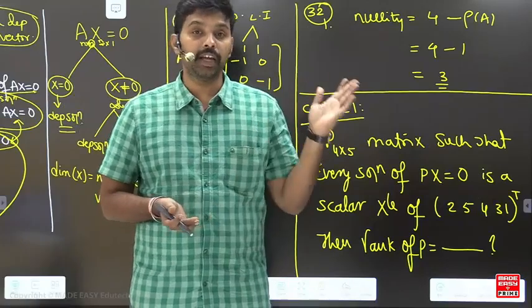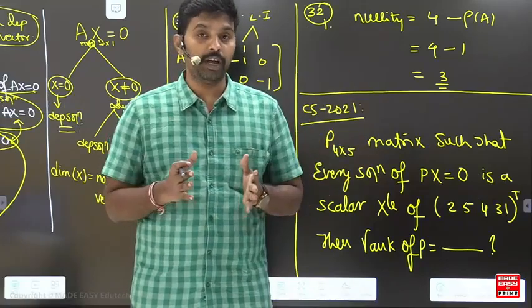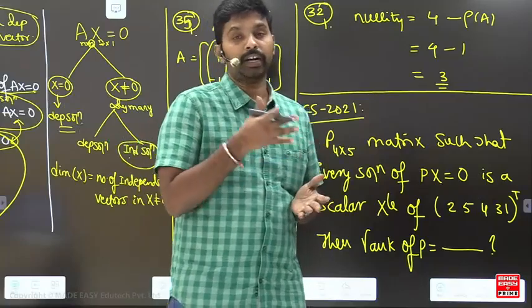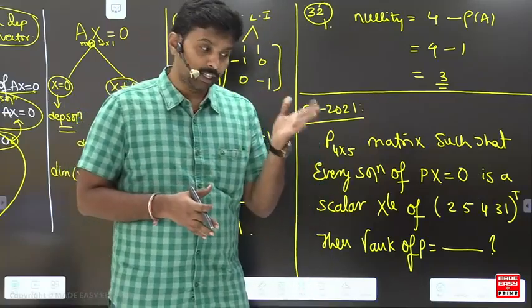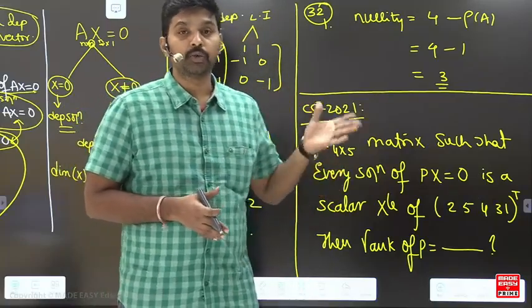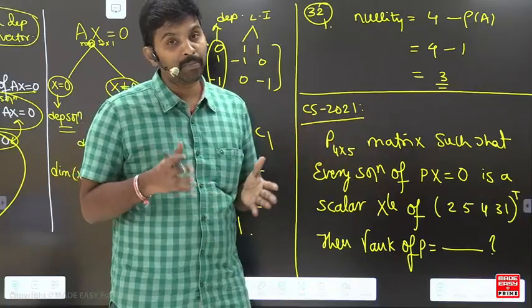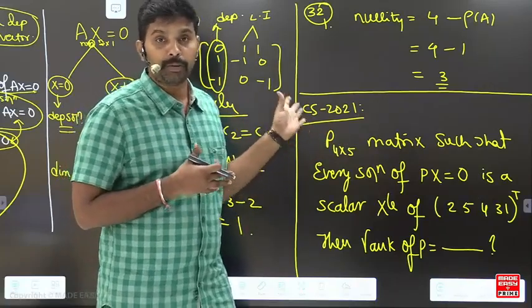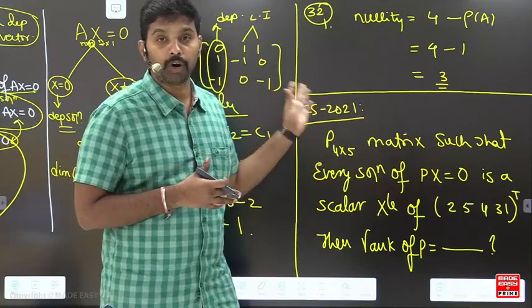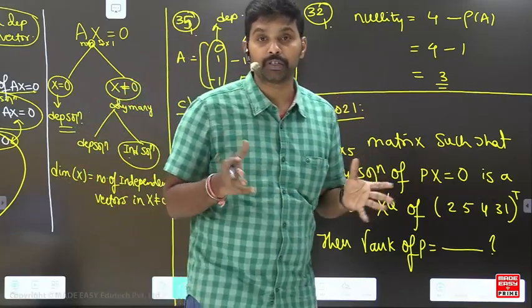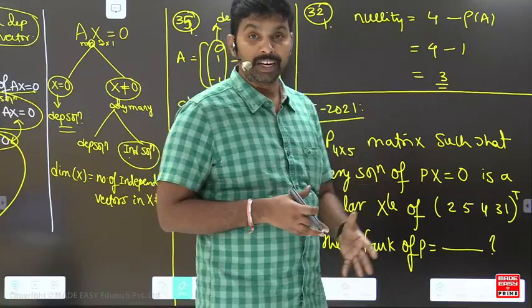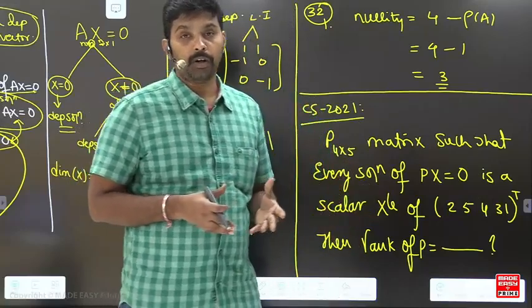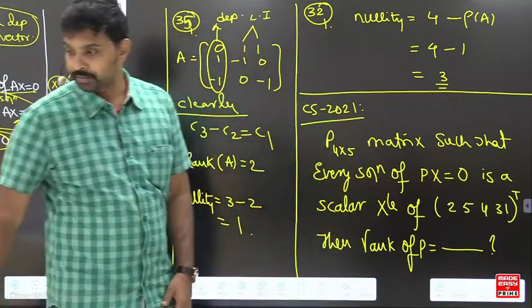Data science is the area which is very familiar to everyone, and this is the new trend and technology. So in the field of data science, you must know many mathematical terms. One of them is this: the number of independent solutions of the system, or the number of independent vectors in a set of vectors. So the nullity concept, all these things are very important.